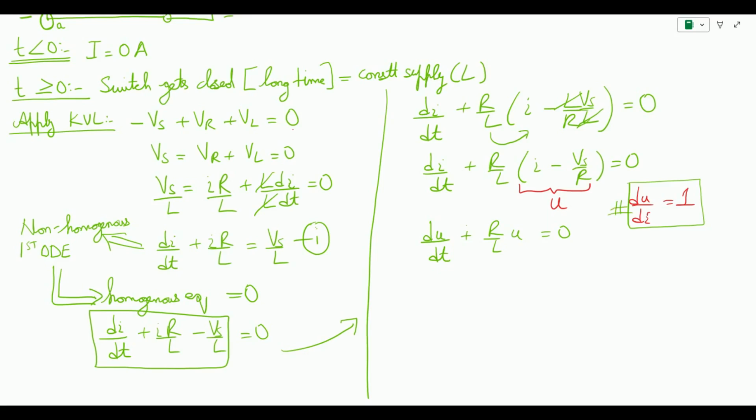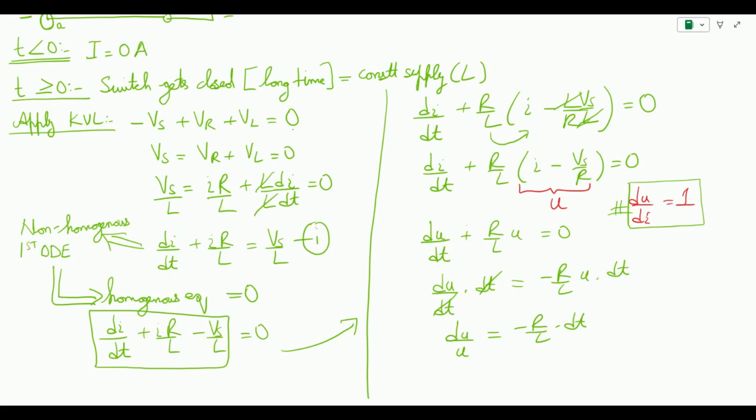Now let us rearrange the values and get rid of this d of t. So I can write du by dt multiplied by dt equals minus R by L u multiplied by dt. So this d of t cancels out. I can bring the u back over to the left side of the equation, and thus I will get this form of the equation.